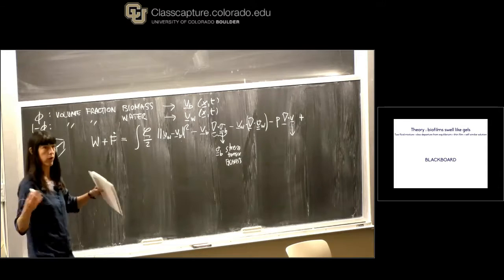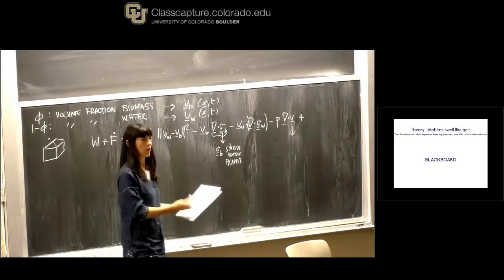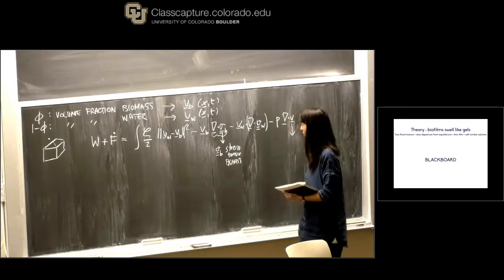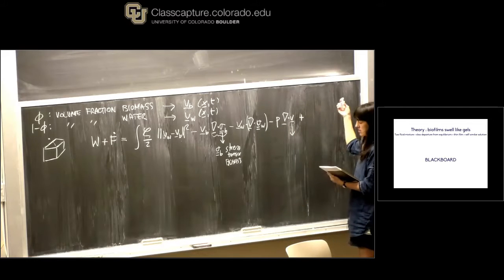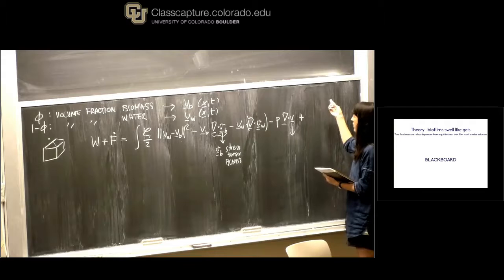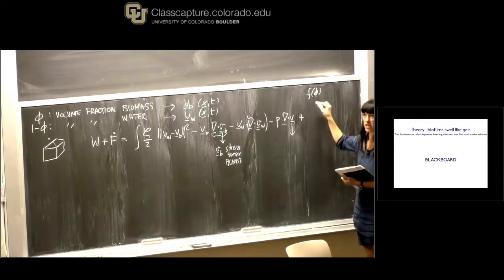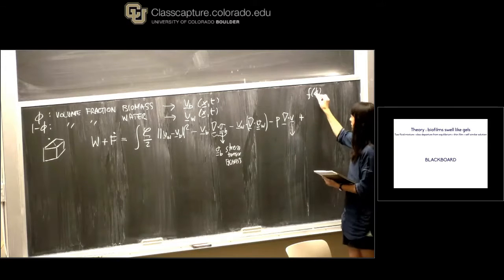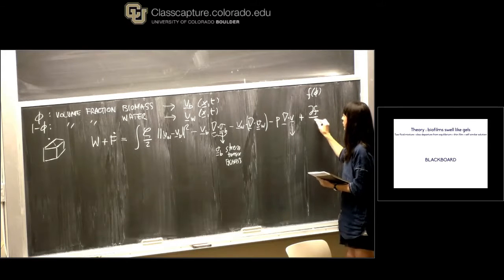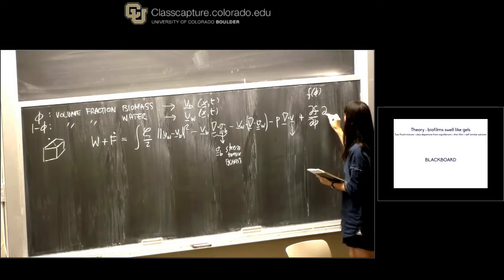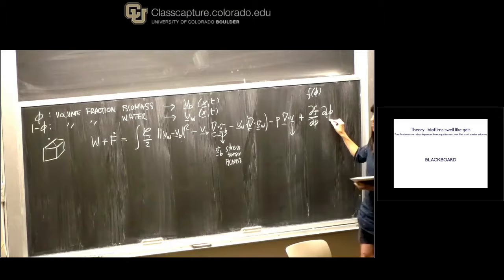So water will go one way or another because there are gradients in its chemical potential. And the way you do this is you assume that there is a free energy that depends on phi. How much does that change? Well, if that depends on phi, I'll have to do the partial derivative with respect to phi, and then I'll have to multiply by the derivative of phi. Okay, and so we'll have to discuss this too.